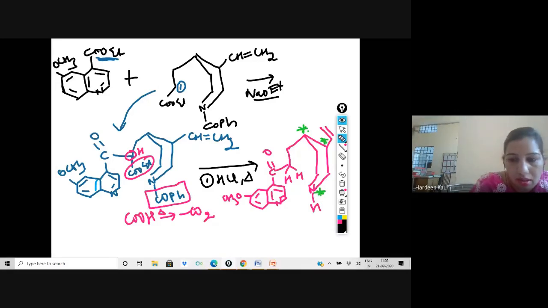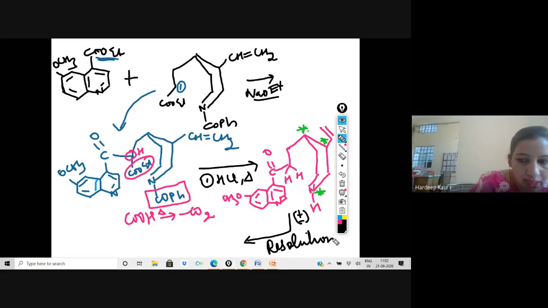Now we will resolve it. We have here racemic mixture plus minus. We carry out the resolution and we take plus isomer for the further transformation.